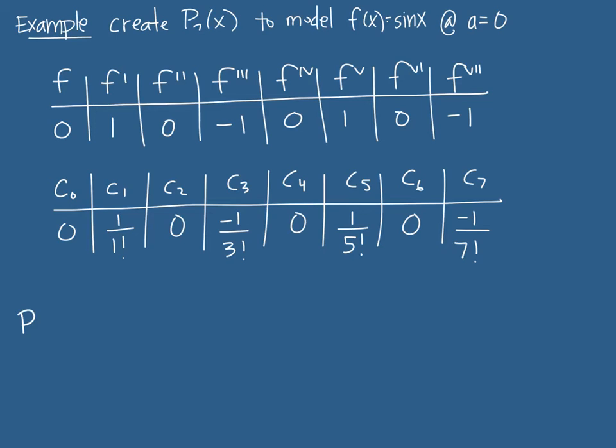So my 7th order polynomial is 0, should I be really specific? Do you want me to write x minus 0? All right. 0 plus 1 times x minus 0 to the first. We love it when it's centered at 0. It's so great.